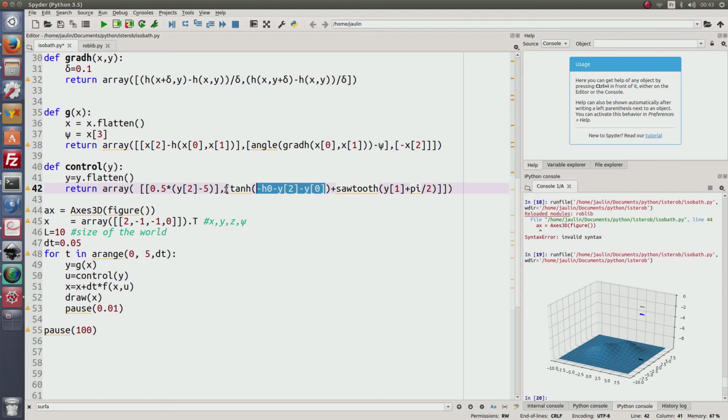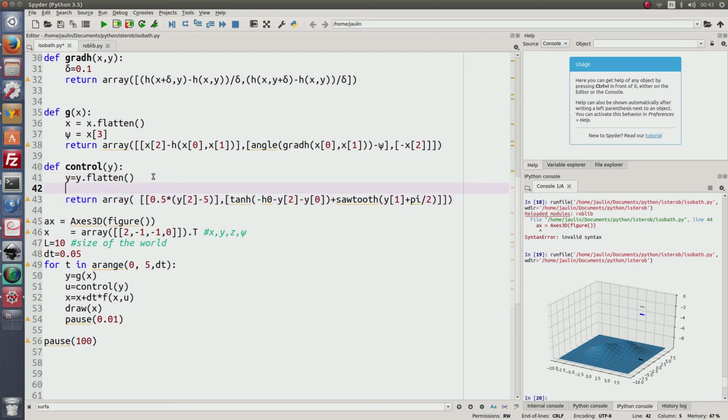So I will have this moderation thanks to the saturation function. So I add h0, which is the one we want. So h0 corresponds to minus 9 meters in the exercise.